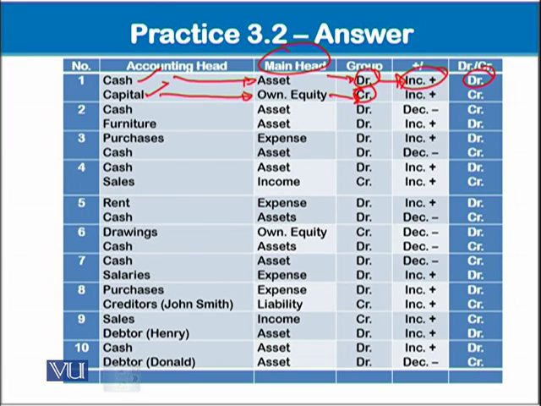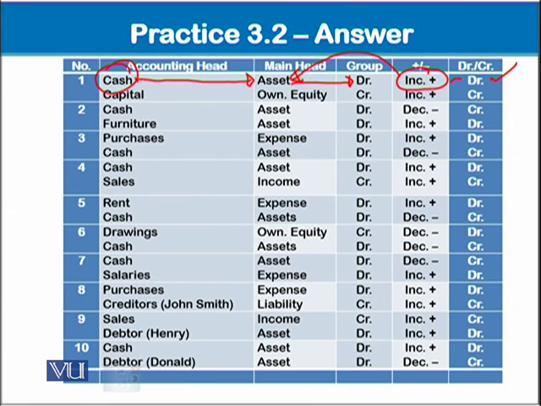Look, when this cash was introduced as capital in the business, we see that cash is an asset, asset belongs to debit group, and because of introducing cash into the business, there is an increase in the assets. So such increase in asset, which is a debit group, would be analyzed as debit.